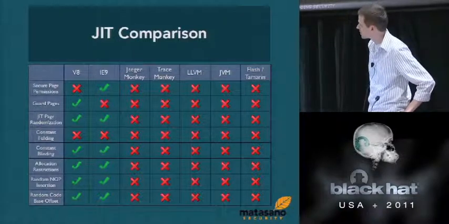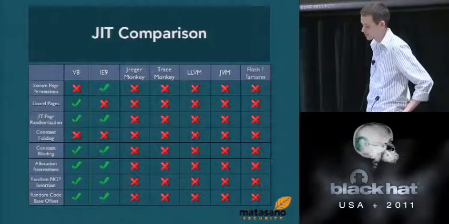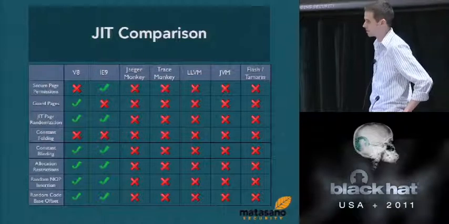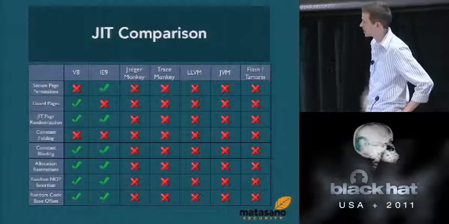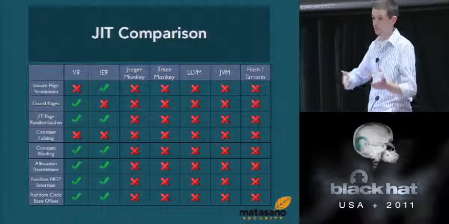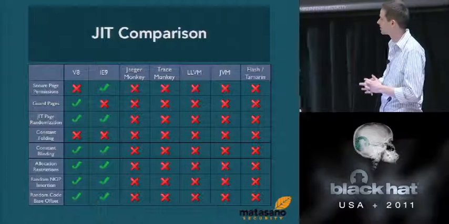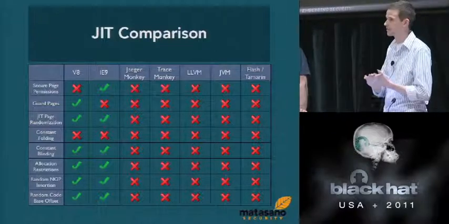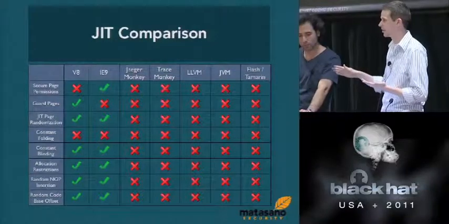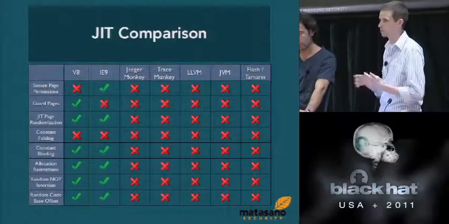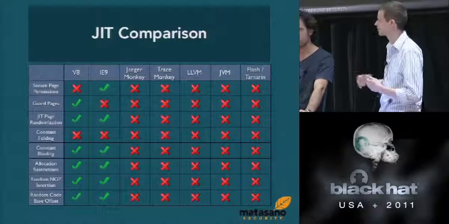Also something worth noting here is after the original JIT spray attack, there was some code committed to the Tamarin project, which shares the NanoJIT engine with Firefox, if you remember from the beginning of the talk. And there's some code in there that emits a bunch of random NOPs in memory. And that code was shared by a Tamarin developer to the Firefox project.